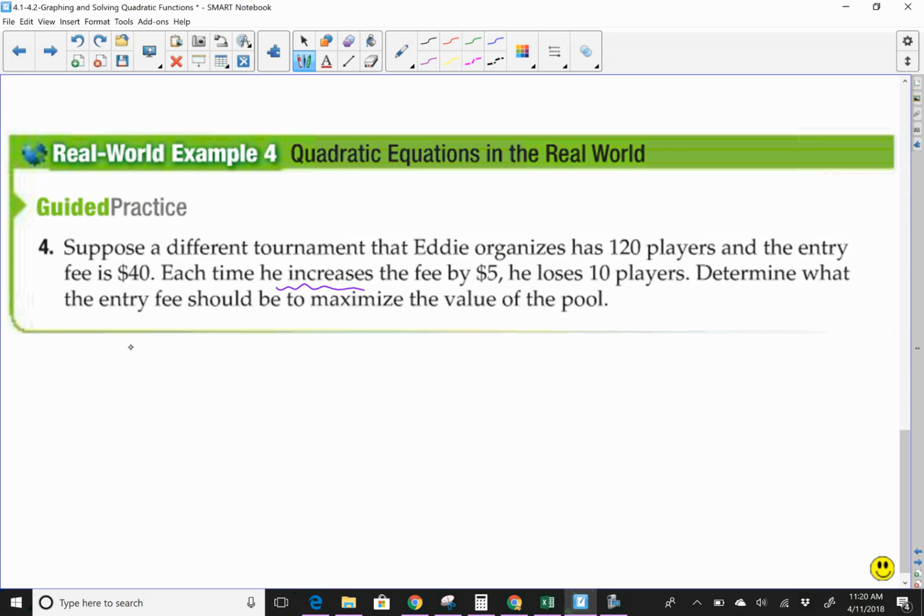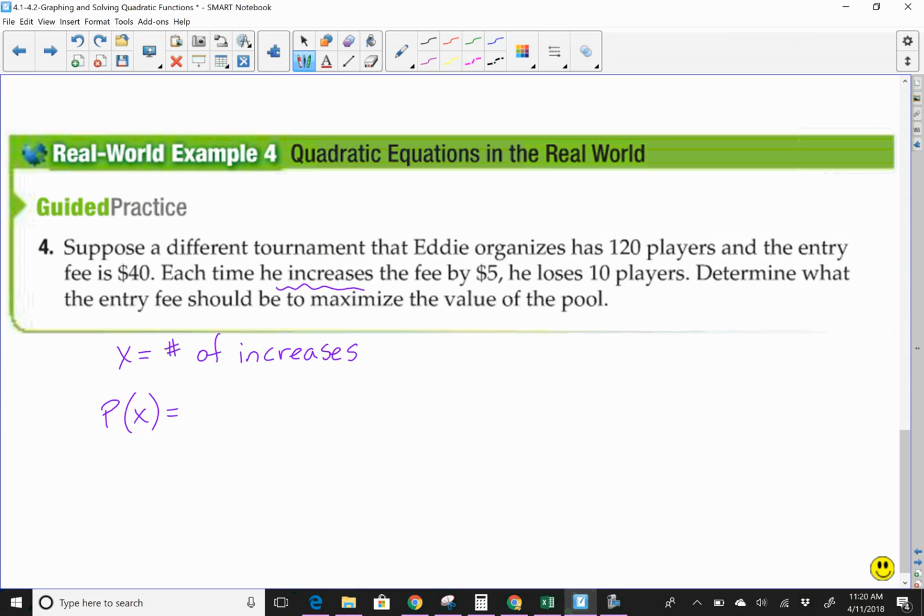So I'm going to define my variable x as the number of increases, how many times I'm going to increase the fee. So my function p of x for the value of the pool, let's go with p, doesn't matter what you want to put, okay? But if you're trying to figure out, you're organizing, he has 120 players and the entry fee is 40.